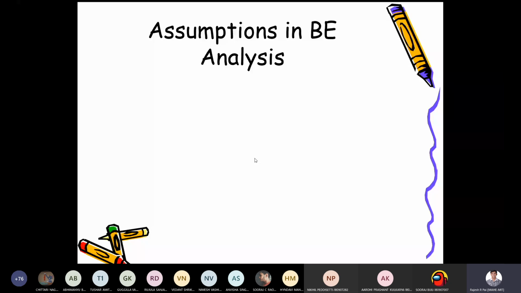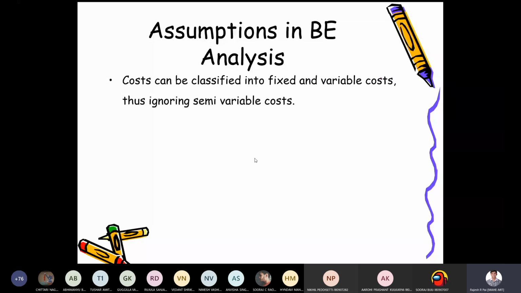Okay, so there are some assumptions in break even analysis. First one is, in nature there would be different overheads and different costs involved, but in calculating break even analysis we generally consider the fixed and variable cost. There are semi variable costs and some overheads, but those cost parameters are not considered.